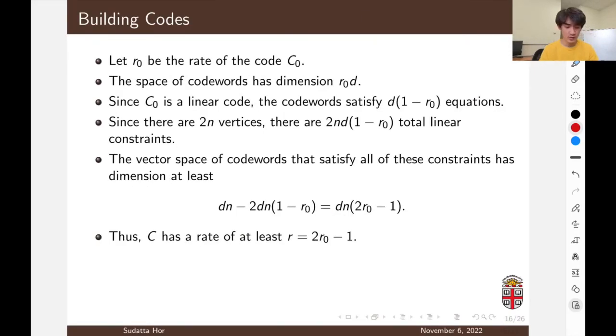All right, now let's talk about how we can actually encode, right? Before we talk about encoding, we should think about the rate of this code.